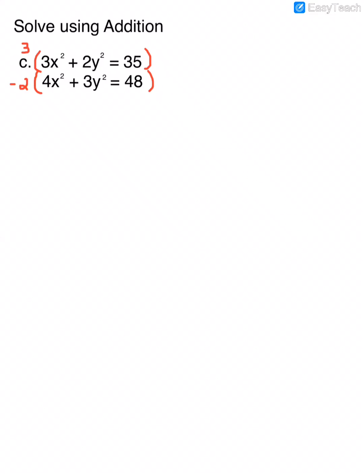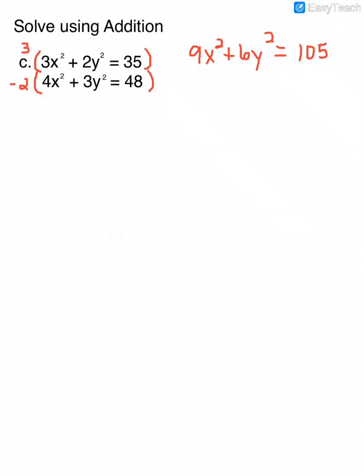I'm just going to go with the second equation. Okay, so if I multiply everything in the top equation times 3, that gives me 9x squared plus 6y squared equals 105.